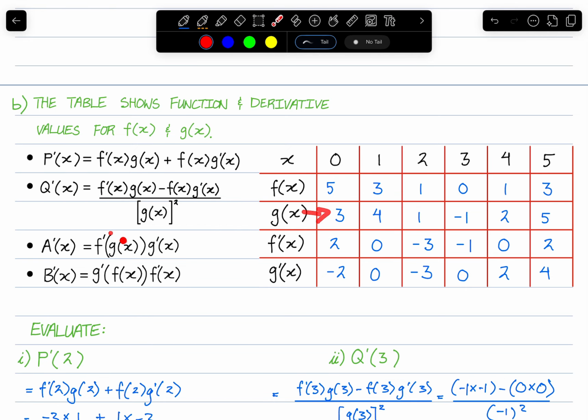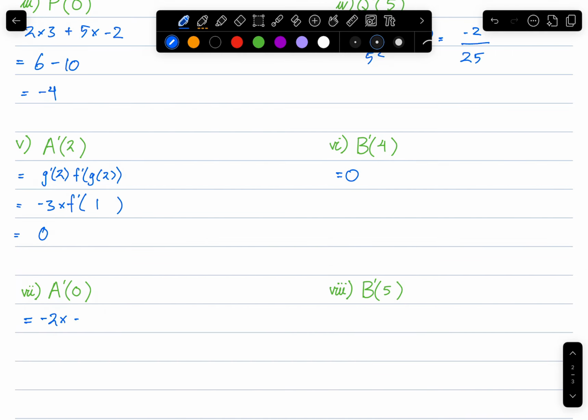But now, remember, that's going to be 3 on the inside of this bracket. So I'll repeat. G of 0 gives me 3. So this is now going to be read as f prime of 3. F prime of 3 is -1. Gives me a gradient of 2.